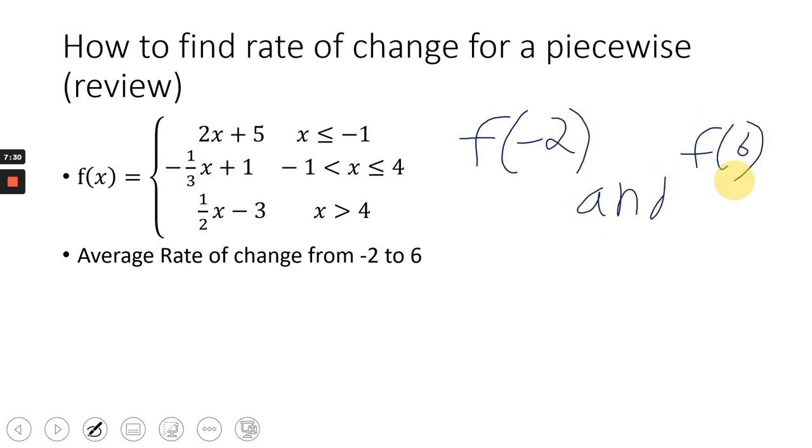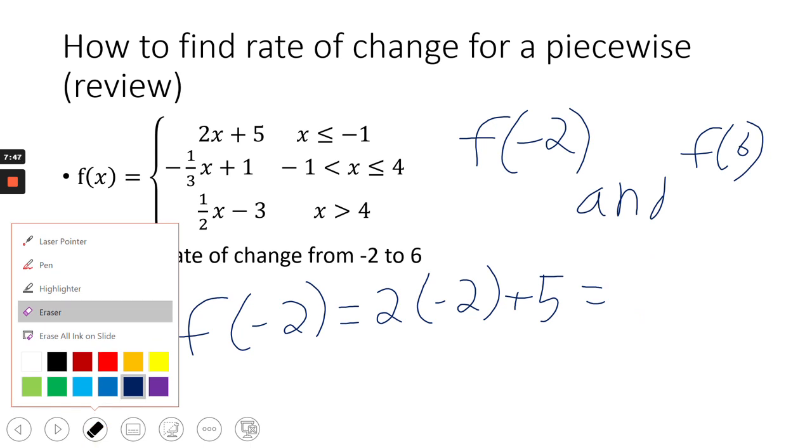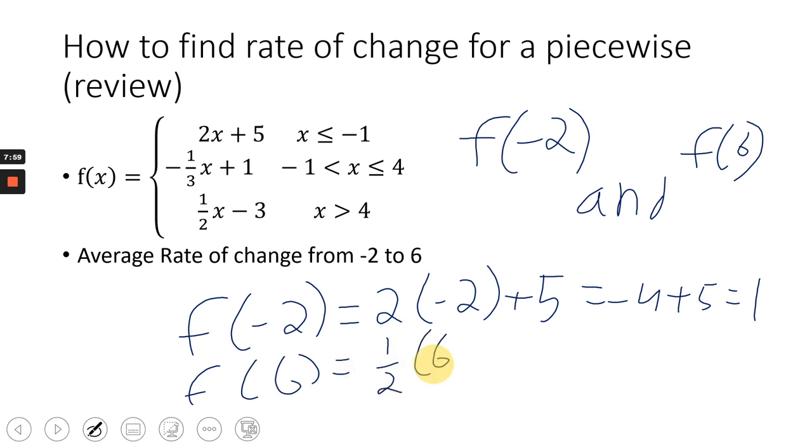Since at negative 2 you use the first equation, that's 2 times negative 2 plus 5. 2 times negative 2 is negative 4 plus 5, which equals 1. Then you find f at 6. Use the last equation. Half of 6 minus 3 would be 3 minus 3, which equals 0.